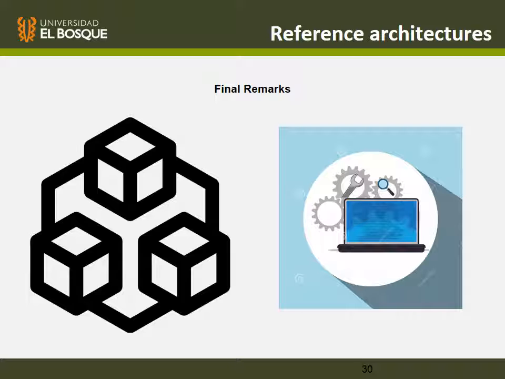There are also several lines of investigation that still need to be developed. The evolution of this area is extremely important as software systems, technologies, and development approaches are constantly changing. Reference architectures must follow these new tendencies if they intend to be updated and continue contributing effectively to the development of software systems.